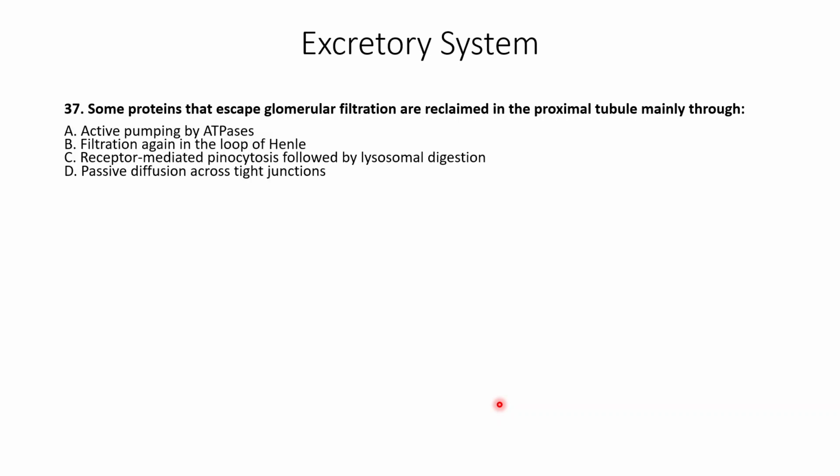Okay. All right, so some proteins that escape glomerular filtration are reclaimed in the proximal tubule mainly through a certain process. So, do you guys know which one? It was, I think, explained in the coursework.